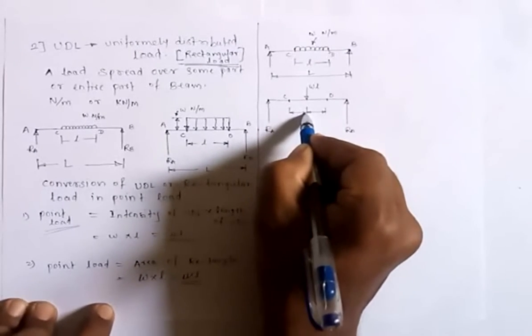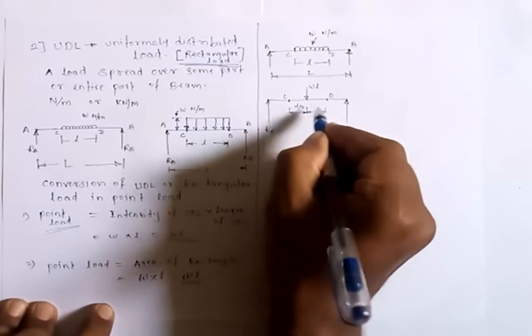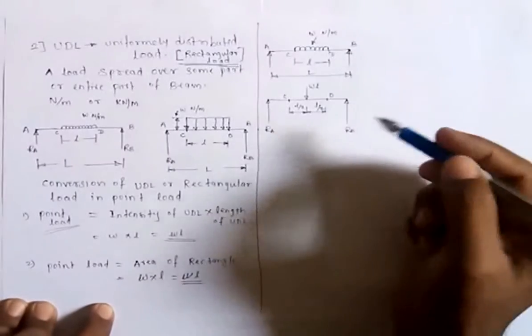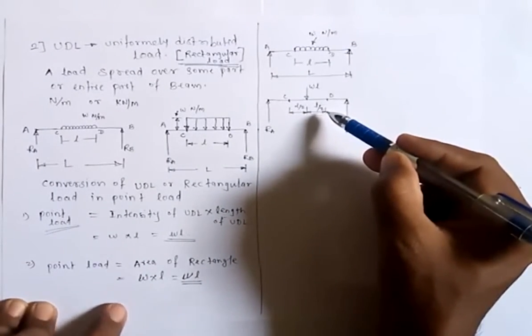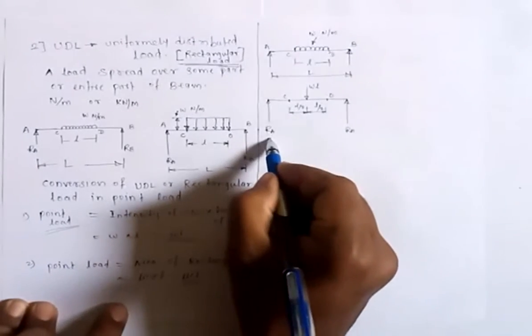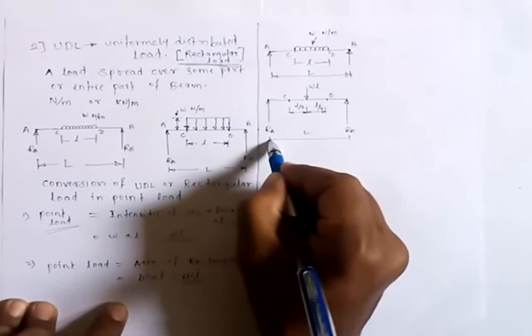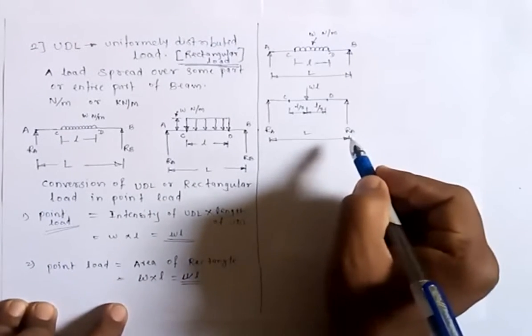It will be exactly acting at half distance from C and D. So this is L by 2, this is also L by 2 distance, for which the UDL is converted into point load. So always remember, point load of UDL acts at the center of UDL.